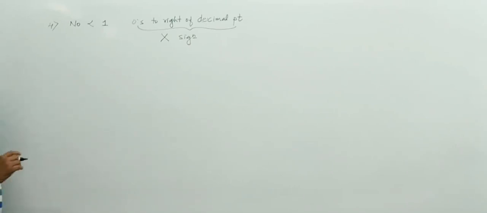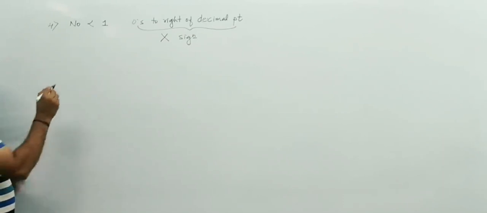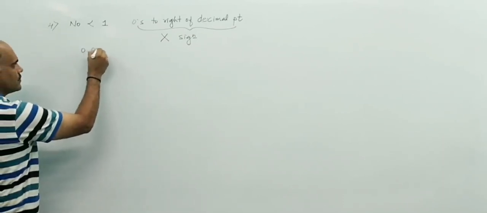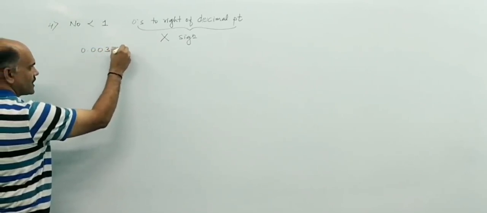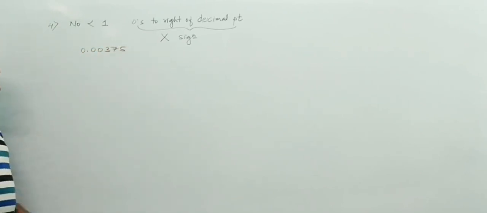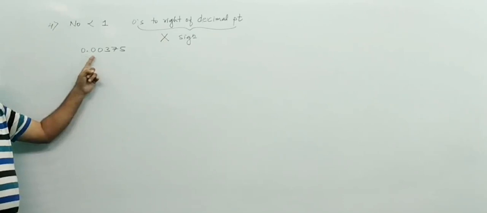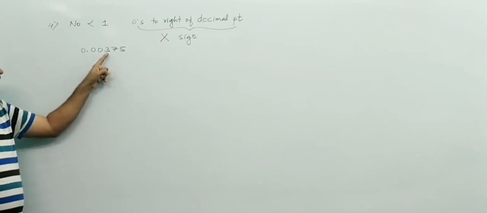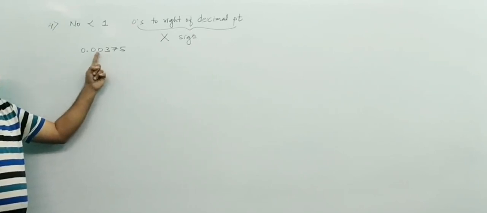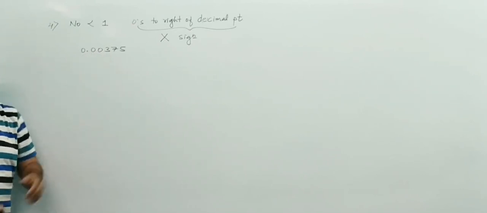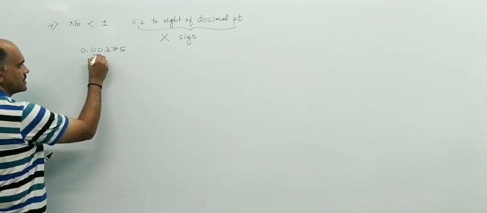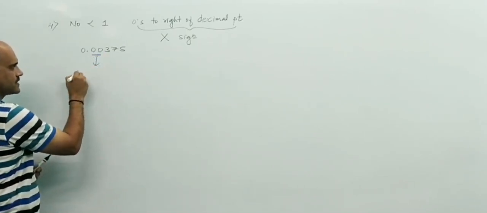Now for example, less than 1 means you will have it in this form: 0.00375. So zeros to the right of the decimal point and to the left of the non-zero digit are not significant.